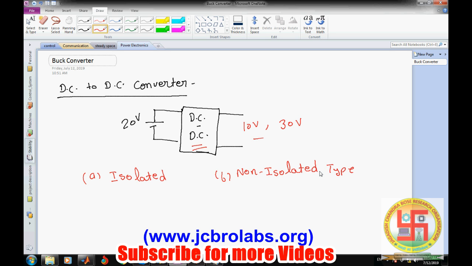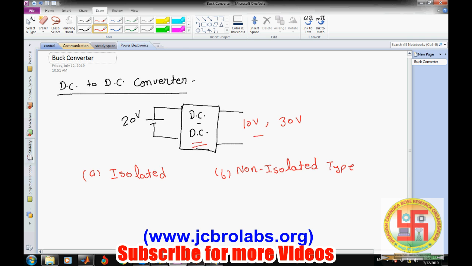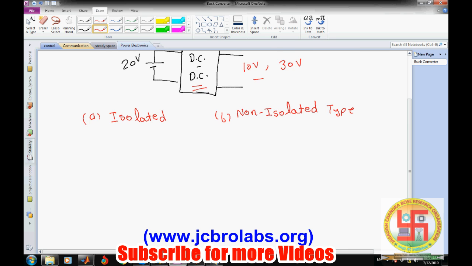In non-isolated type, there are buck converter, boost converter, buck boost converter, Cuk converter, Zeta converter, and SEPIC converter. Similarly, in isolated type, there are flyback converter, forward converter, single-ended two transistor forward converter, and phase shift full bridge converter. So there are wide varieties of converters available.